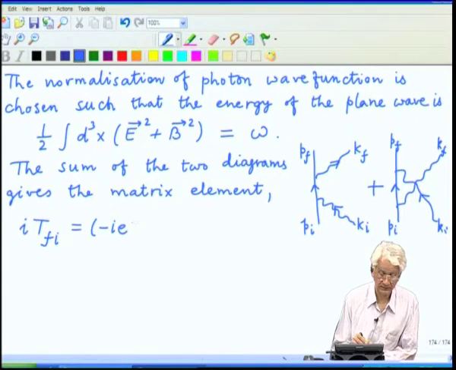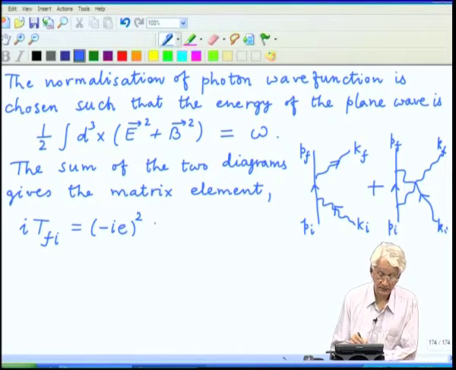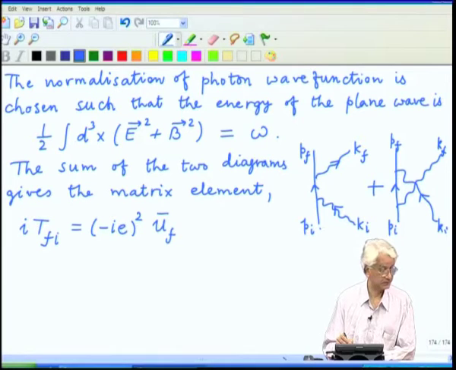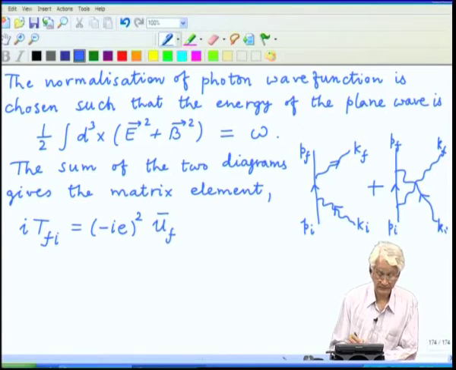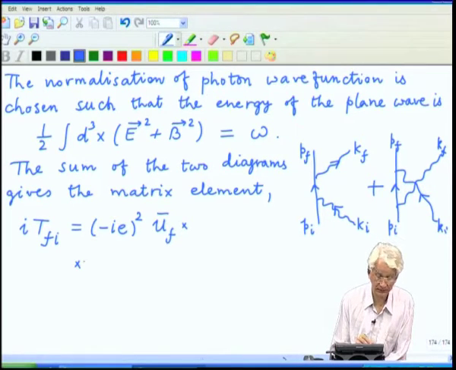So, there is a factor of minus i e square which comes from the two vertices, and then there is a u bar f for the initial wave function, and then there is a huge product of various gamma matrices which we have to now explicitly write down.